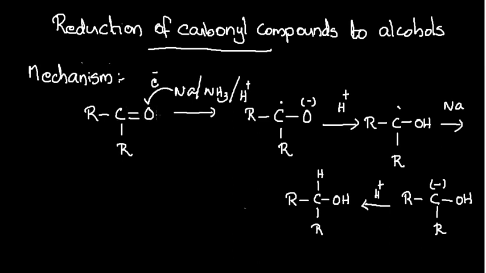So, one electron is abstracted by oxygen, and due to the homolysis of this double bond, there will be one electron at carbon and one electron at oxygen.